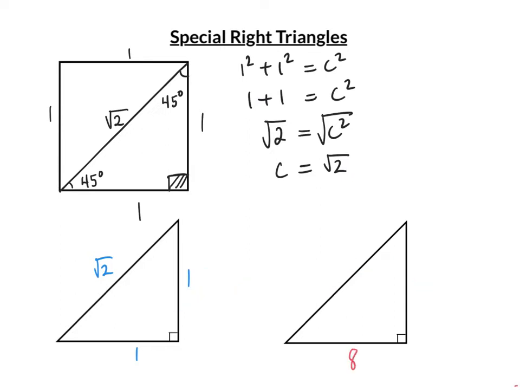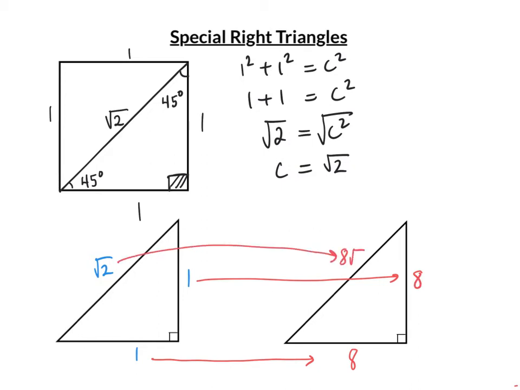If this side was 8, we can see that we multiply 1 by 8 to get 8. So we take the other 1 times 8 to know that that's 8. And the root 2 on the hypotenuse becomes 8 root 2. So again, instead of 1, 1 and root 2, we have 8, 8, and 8 root 2.